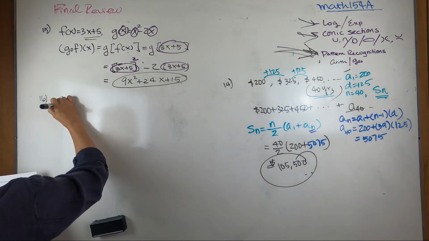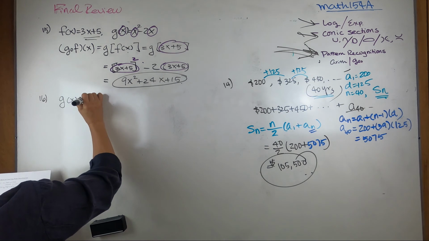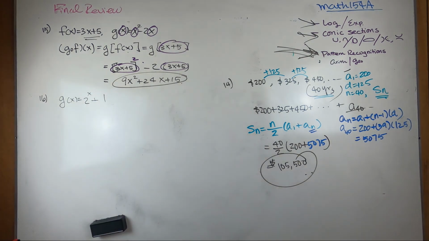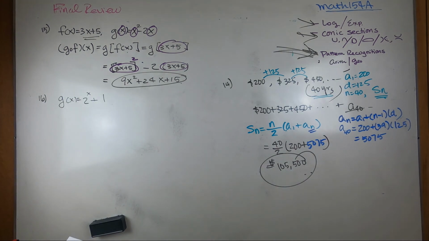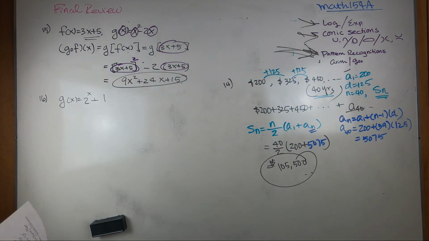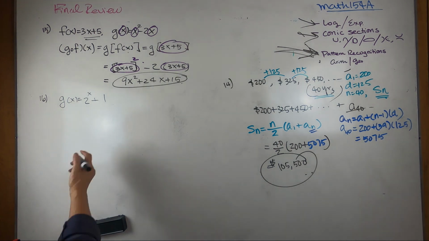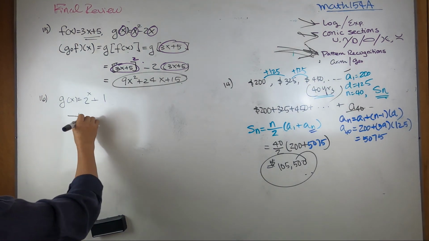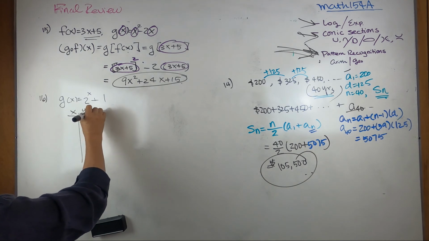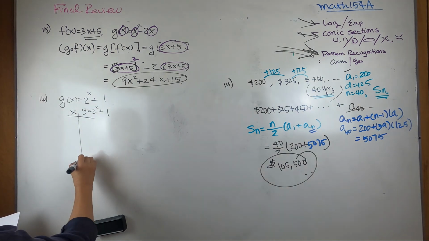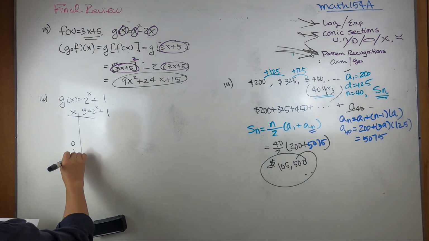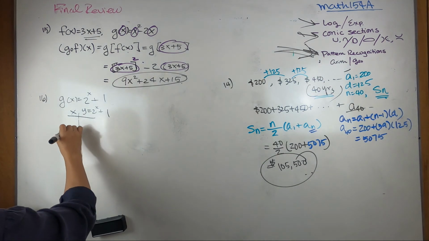One more thing you might have is the graphing of an exponential function or log function. Okay, so what do you do? You do your t-tables, right? x, y equals 2 to the x plus 1. For this one, we'll put a 0 in the middle, 1, 2, and -1, -2.